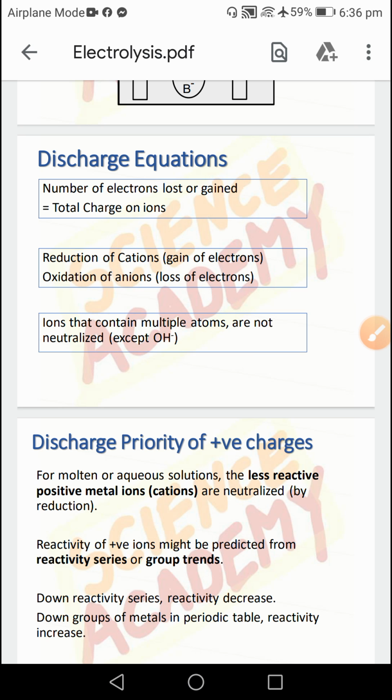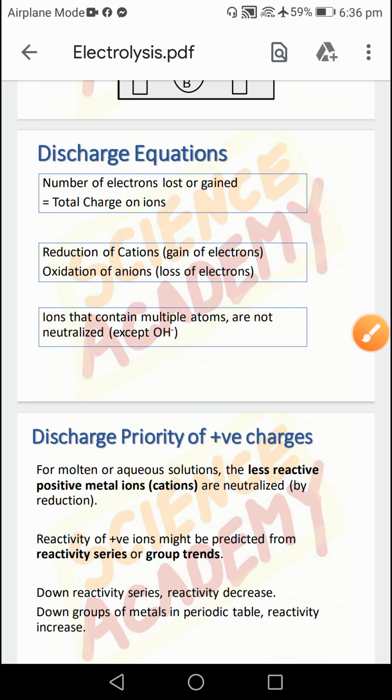The discharge equation, this part is very important: the number of electrons lost or gained is equal to the total charge on the ions. For example, if we were talking about sodium ions, what is the charge here?